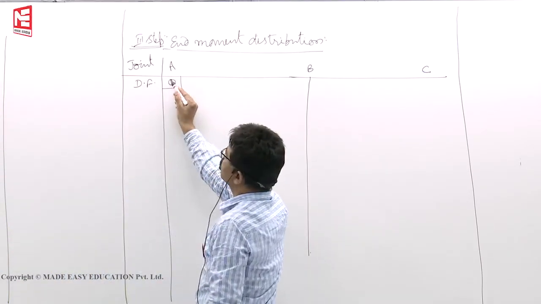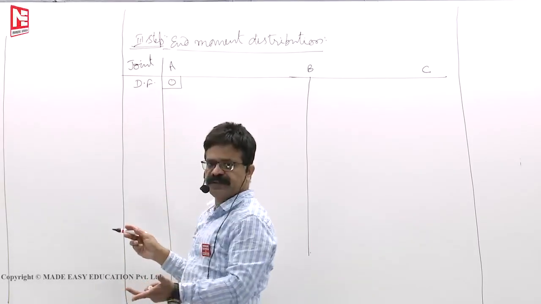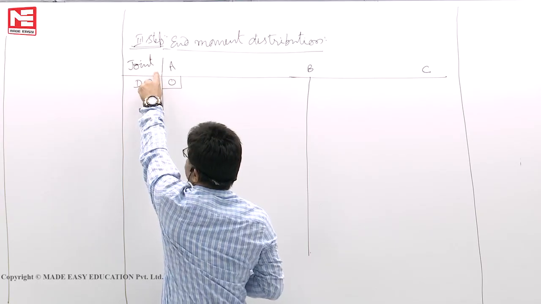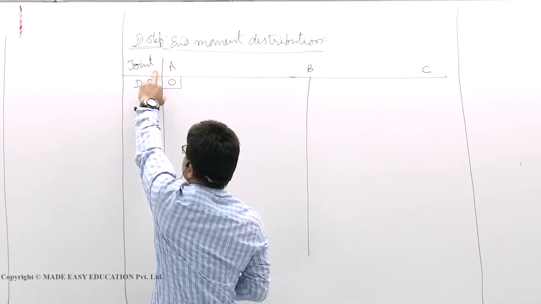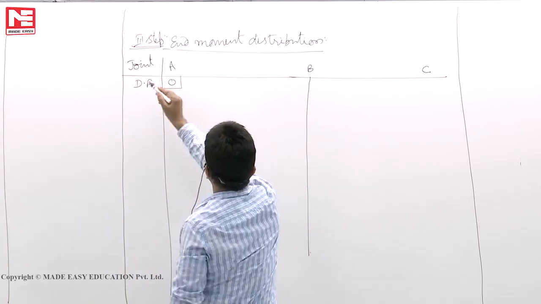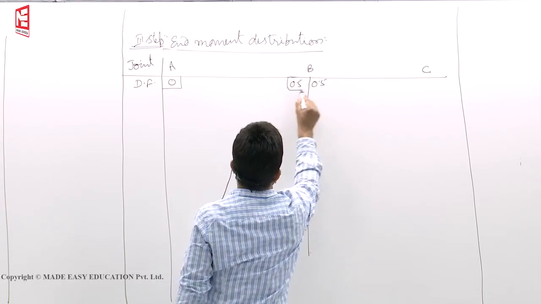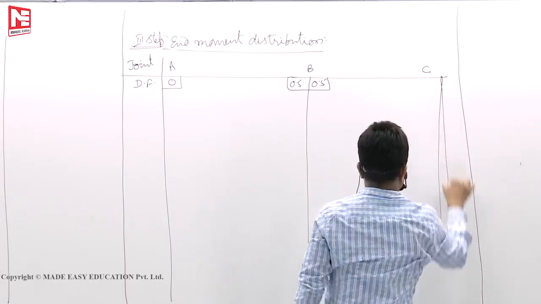Then where is 1? Left of A, there is a footing. Footing, since we don't deal, we take it as, if you want to write here 1, 0 also you can write. 1 is footing, at the joint A, one member is footing, one member is AB. At B, two members, BA member 0.5, BC member 0.5. At C, distribution factor is 1.